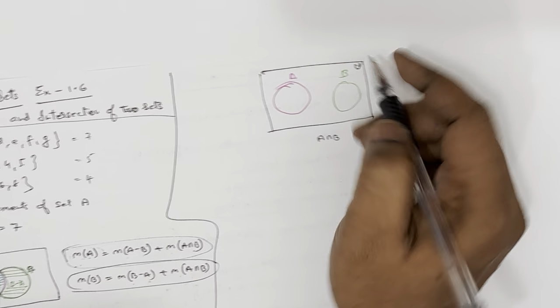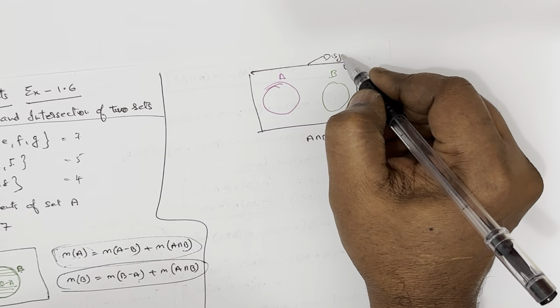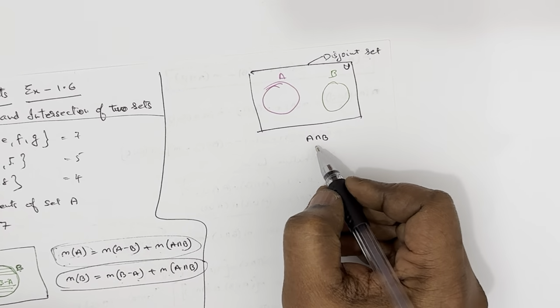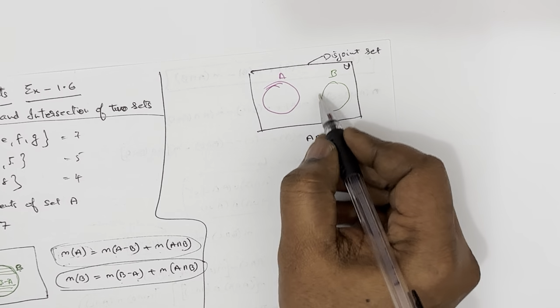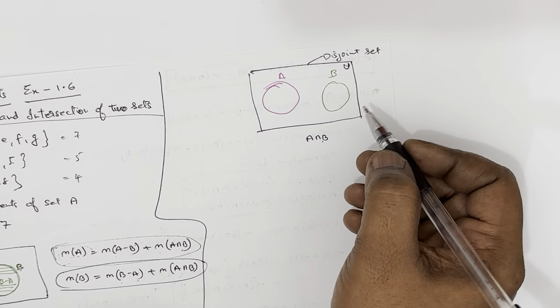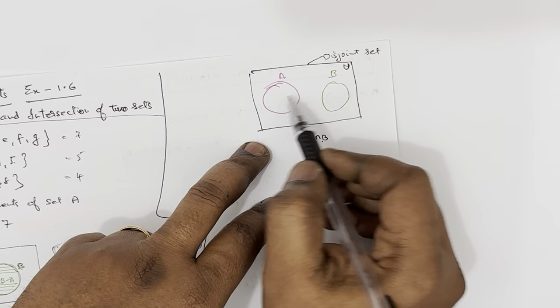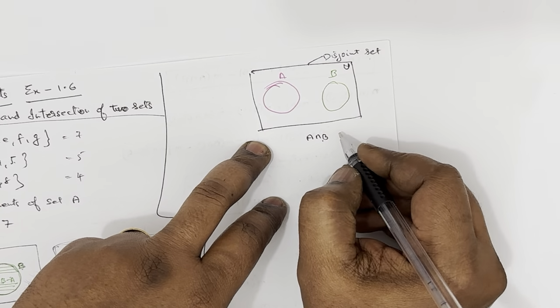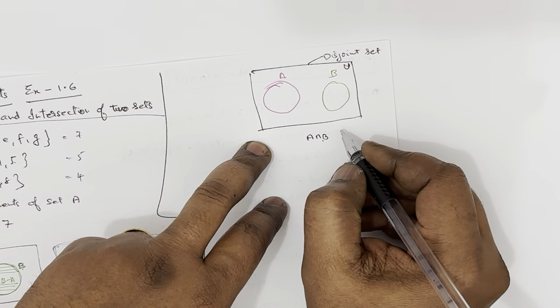There is no intersection. This is called a disjoint set. That means the common elements between A and B is nil. We don't have any common elements, so that is an empty set.